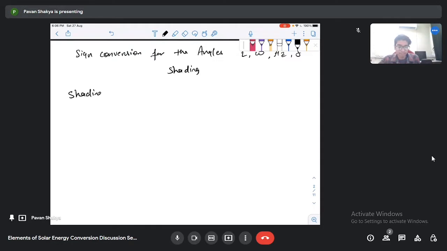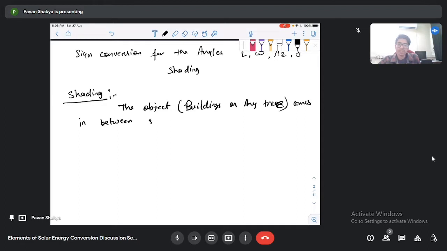So first, what is shading? Shading is when any object, it may be a building or a tree, comes in between the sun ray and the collector or receiver.